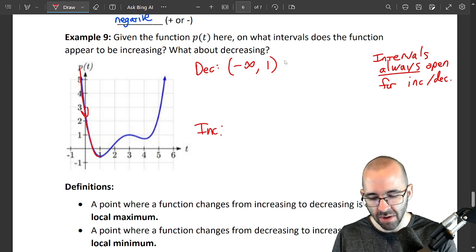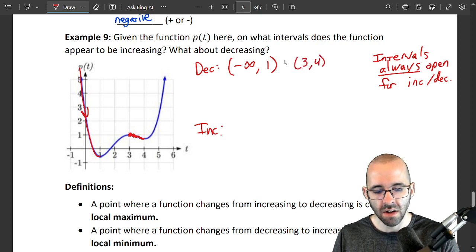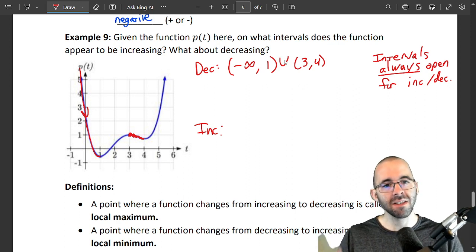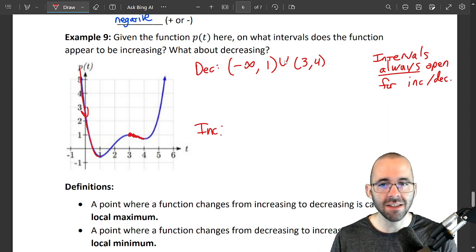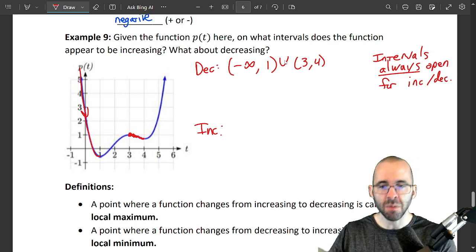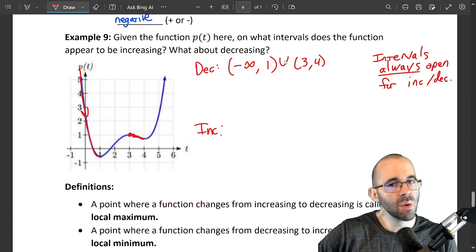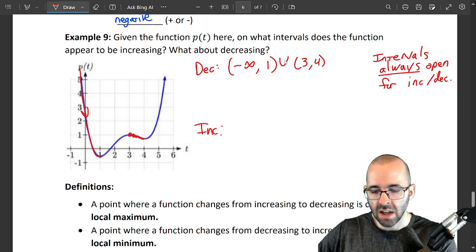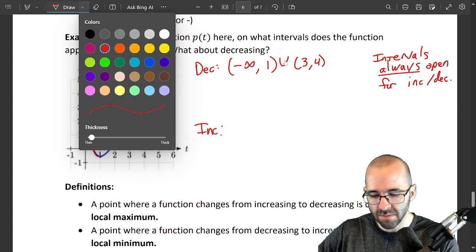Again, thinking from left to right, starts falling over here, and it's falling and falling and falling. So it's also decreasing from 3 to 4. We'll connect them with a union sign, just like when we talked earlier with interval notation in last section. As we go from left to right on this graph, is it decreasing anywhere else? No. Everywhere else, it's increasing.